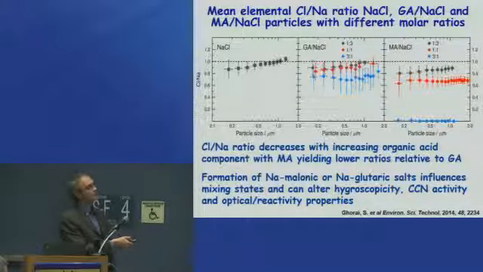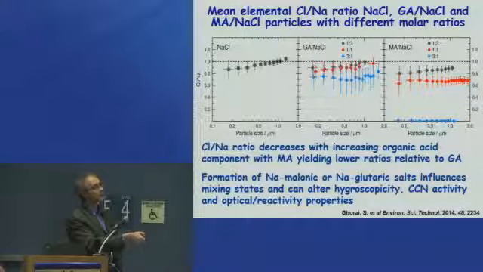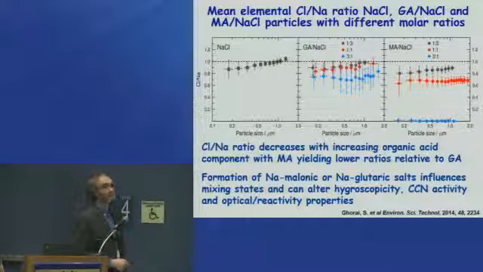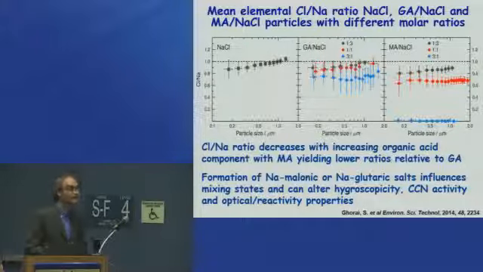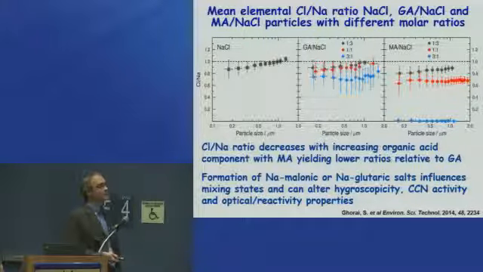We also observe that the extent of depletion clearly depends on the type of the acid. We observe significantly more depletion of chloride for malonic acid relative to glutaric acid. The 3 to 1 ratio that I pointed out leads to pretty much complete depletion, and so the particle therefore becomes really a salt of the organic acid.